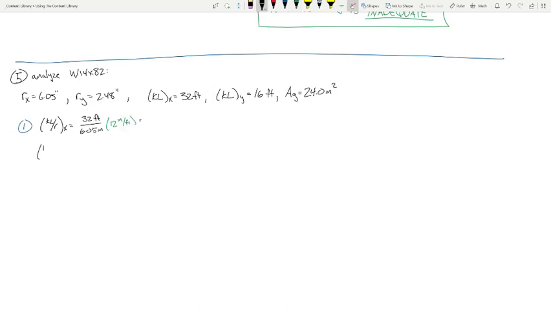And then KL over R for the y-axis, 16 feet over 2.48 inches, times 12 inches per foot. So what do we get for this?